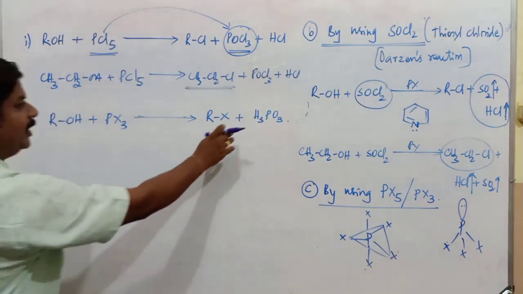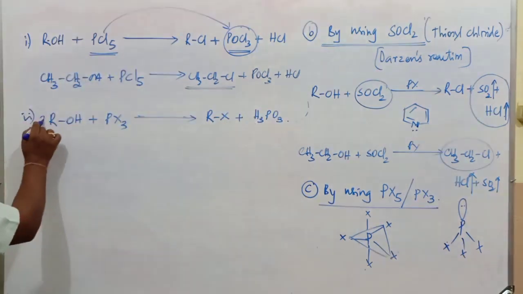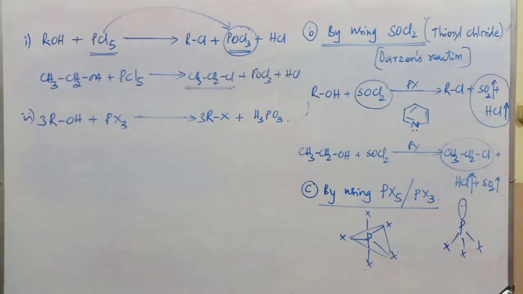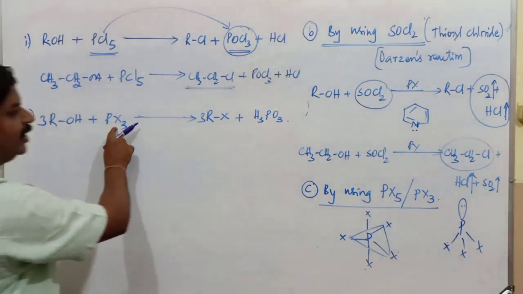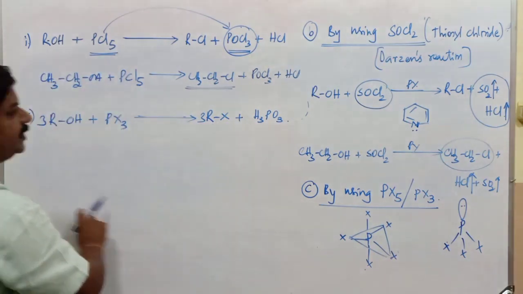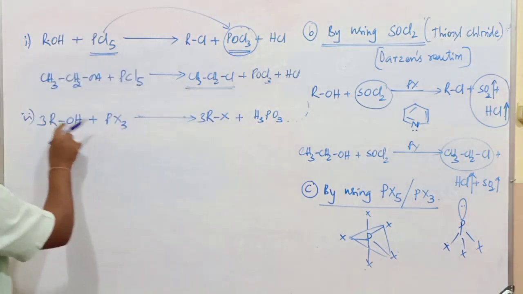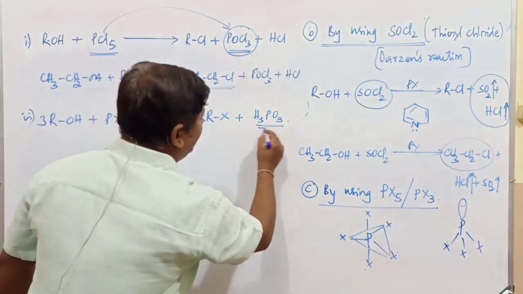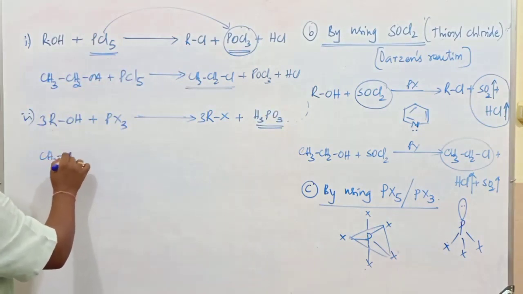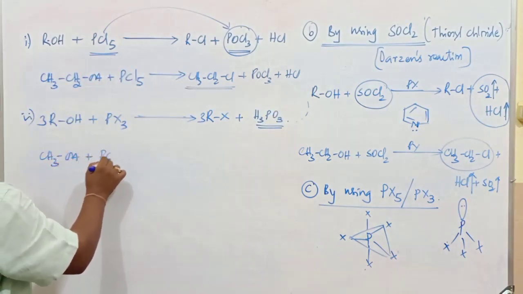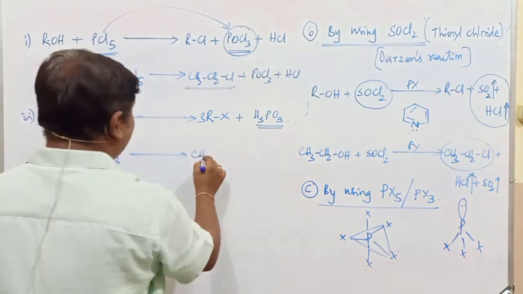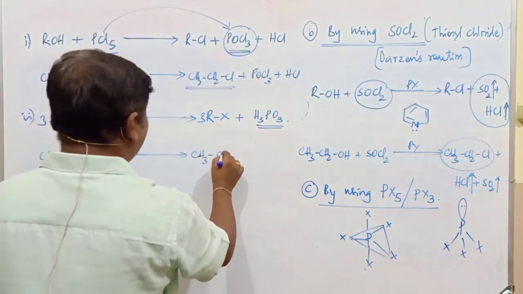To get this H3PO3, 3 moles of ROH give 3 moles of the corresponding RX. You can identify 3 halogen atoms, 3 alkyl groups, 3 oxygen atoms, 3 hydrogens. This is commonly the phosphorus acid. One example: CH3OH plus PCl3 is converted into CH3Cl plus H3PO3.